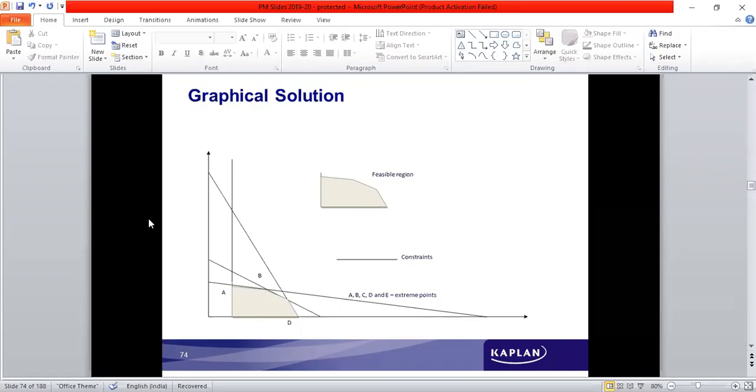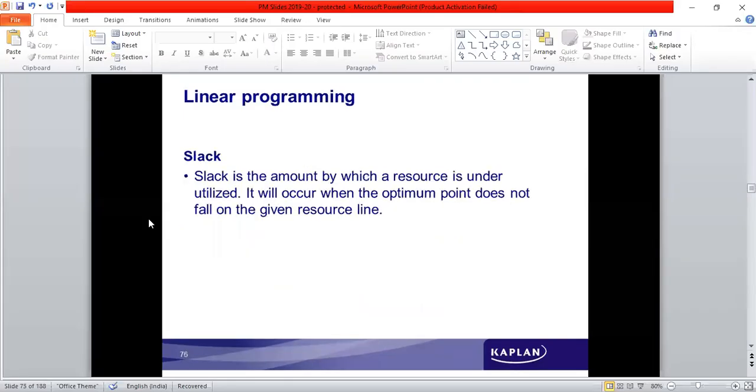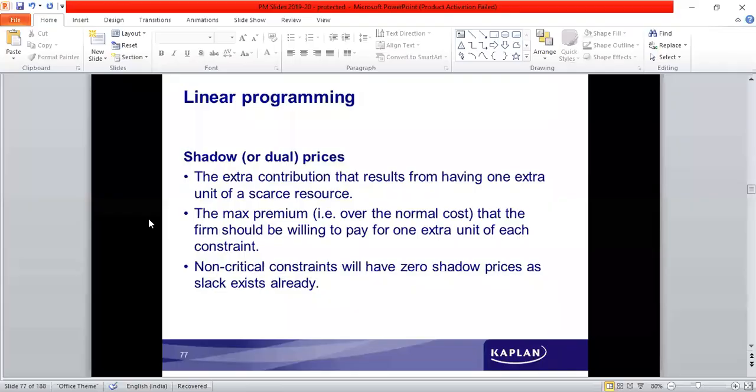So the region covered by all the lines is called the feasible region. But how we draw the lines is what we have to see, and we do not have the time here. So we use graphical presentation, or numerical values can also be substituted, and we have to find out.